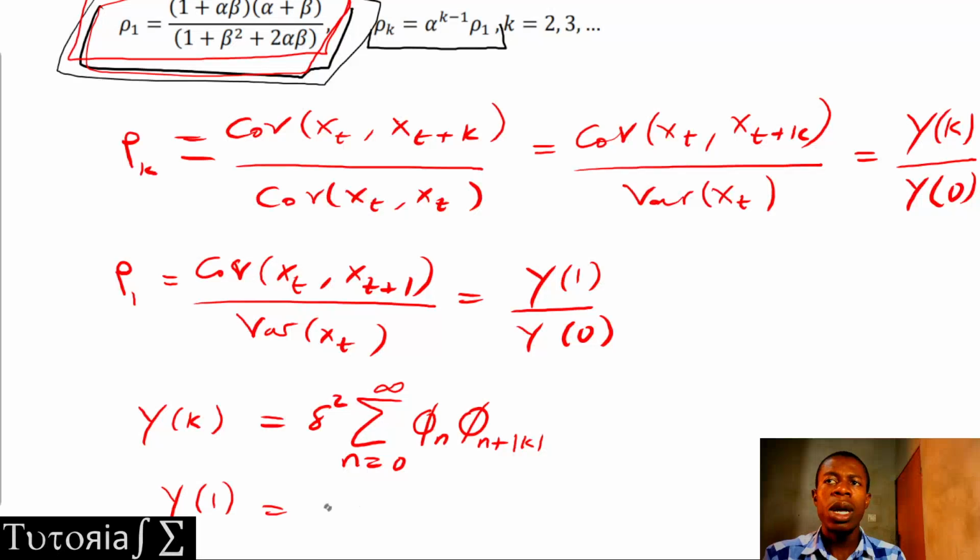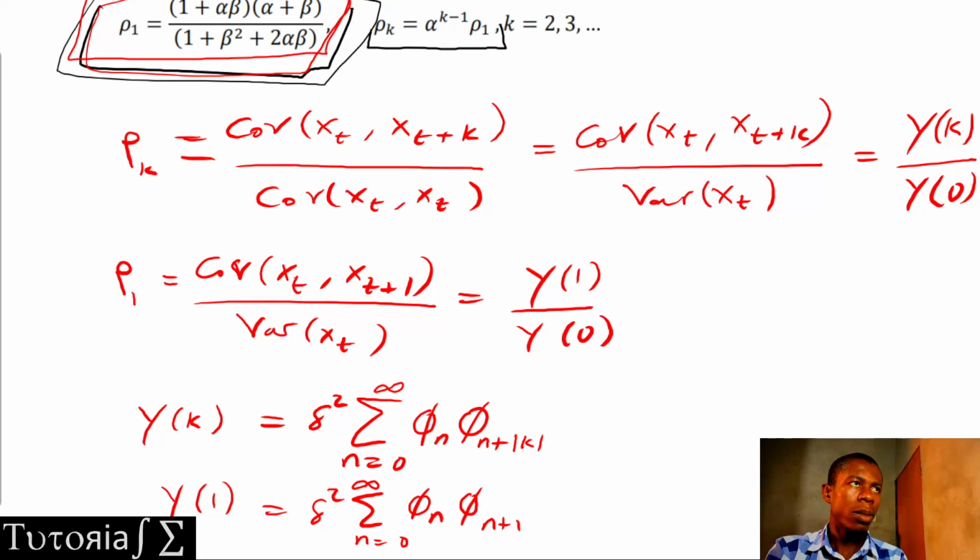This will be the variance times the sum from 0 to infinity of phi_n phi_{n+1}. And for gamma 0, when k is 0, this is the variance times the sum from 0 to infinity of phi_n phi_n.